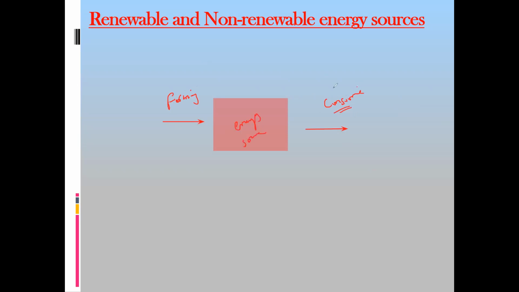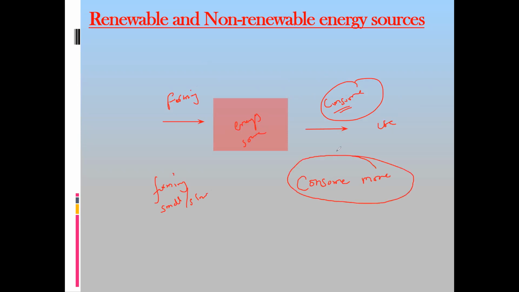If we are using more or consuming more, but it is forming at a slow rate, that kind of energy resource is known as a non-renewable energy resource.